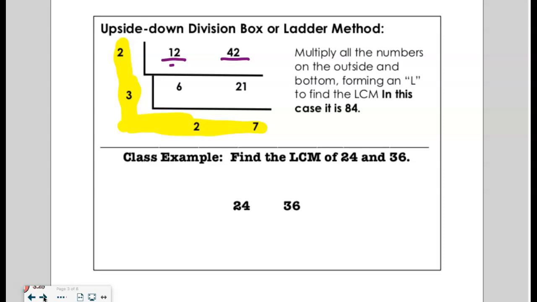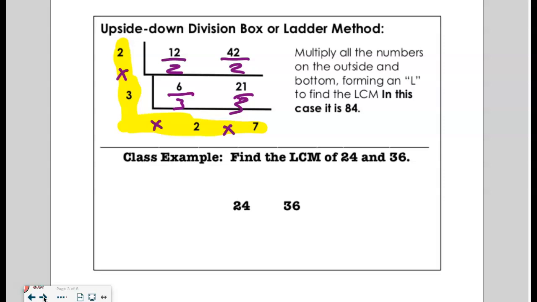So our smallest prime number that divides into 12 and 42 is 2. Half of 12 is 6 and half of 42 is 21. So we get 6 and 21. Then the smallest prime number that divides into 6 and 21 is 3. And we get 2 and 7, which are both prime numbers. So we have all prime numbers.